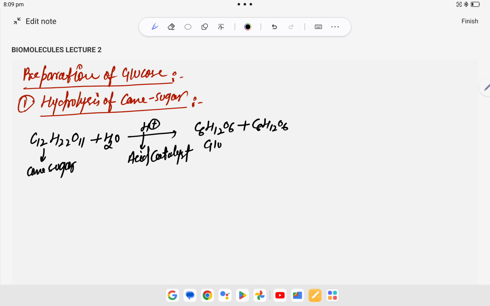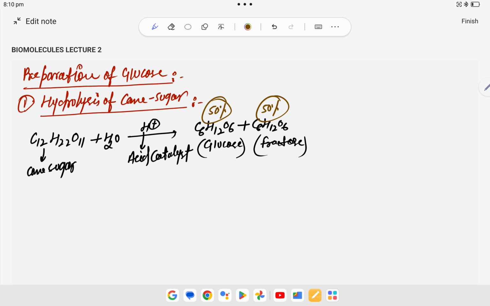One is glucose and one is fructose. What is the percentage formation in this case, children? How much percent glucose and how much percent fructose form? So it's very simple. Many times we get confused. Equal percent, 50% glucose and 50% fructose will form. So no need to worry at all.